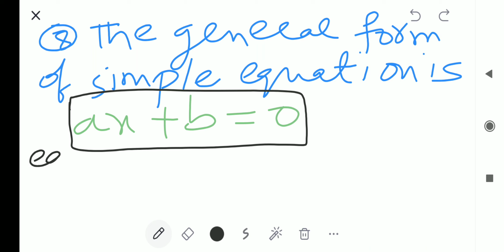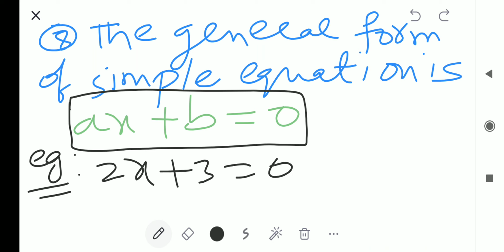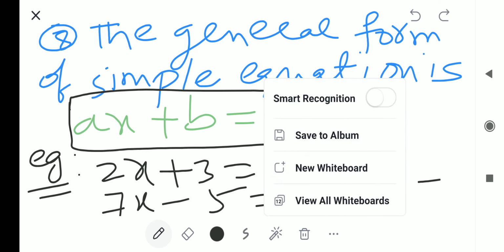You can take any values in place of a and b, like 2x plus 3 is equal to 0, 7x minus 5 is equal to 0. Like that we can have n number of examples.